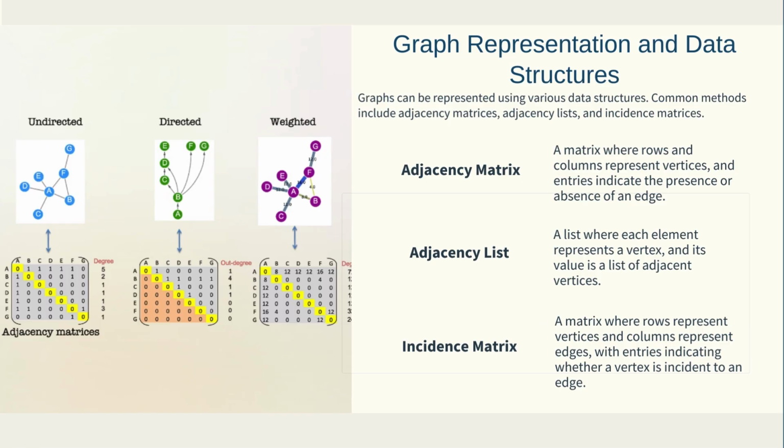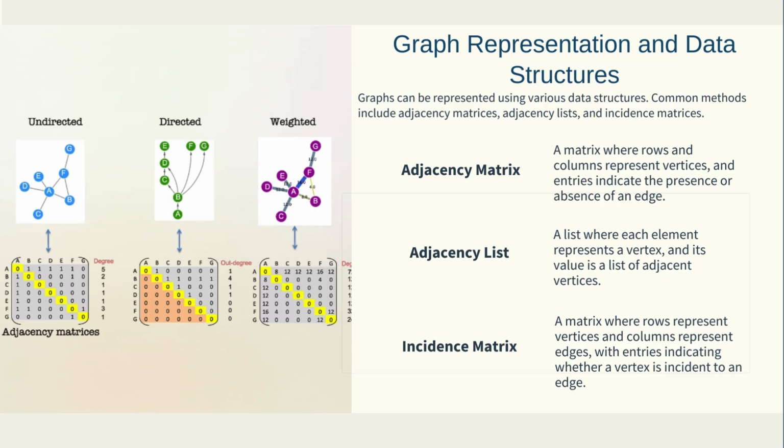Graph representation and data structures. Graphs can be represented in various ways using different data structures. The choice of representation depends on the specific requirements of the application, such as the efficiency of operations like insertion, deletion, and traversal. Here are some common graph representations. First one, adjacency matrix.